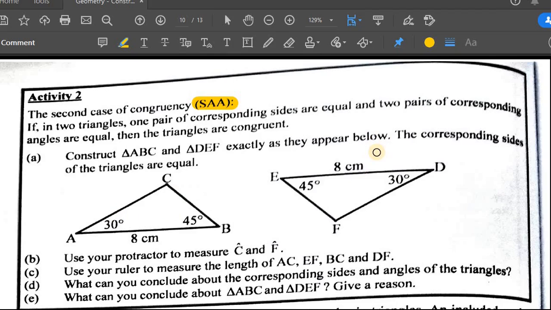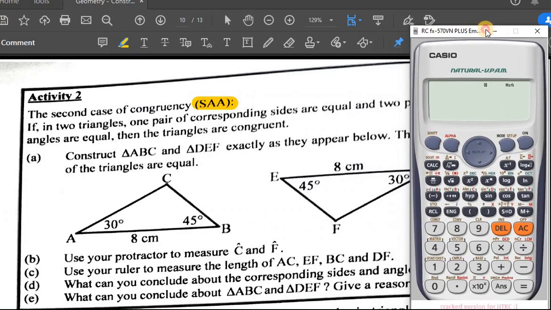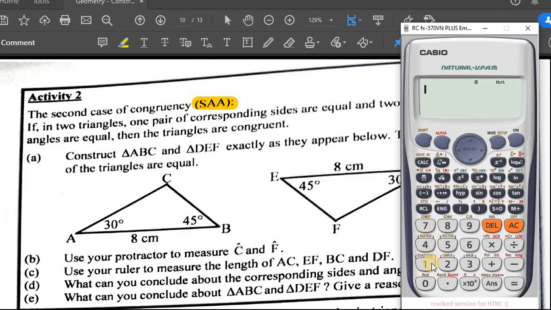Then we have this angle of 45, and a 30, and a 30. So they're going to ask you to measure C. We already know that we have 180 minus 30 minus 45, which is 105.